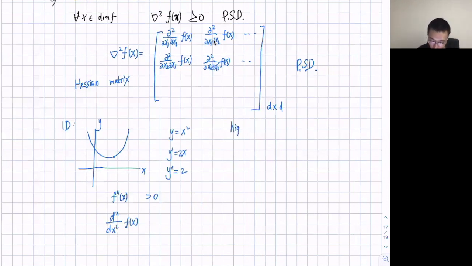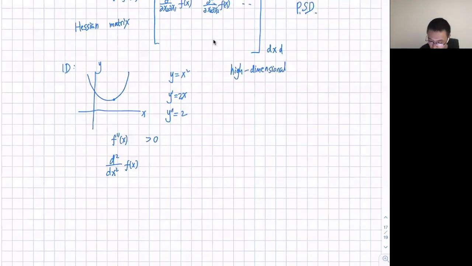But how about the high dimensional case? In the high dimensional case, we not only consider curving up in one degree of freedom, but I have other degrees of freedom. Maybe I'm curving up in this direction but curving down in that direction. Is that possible?